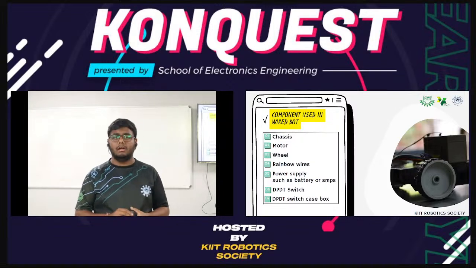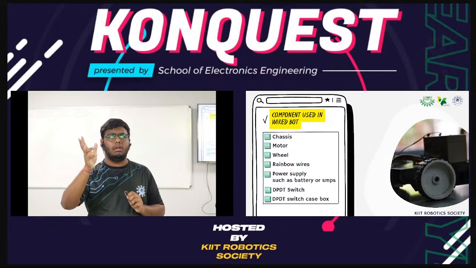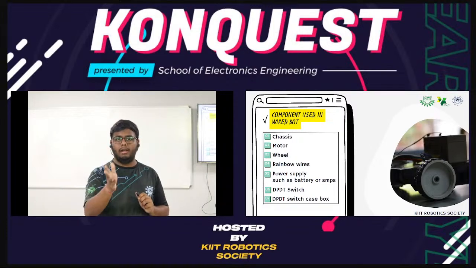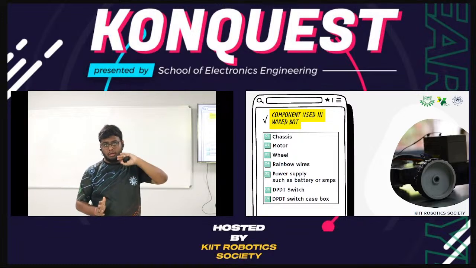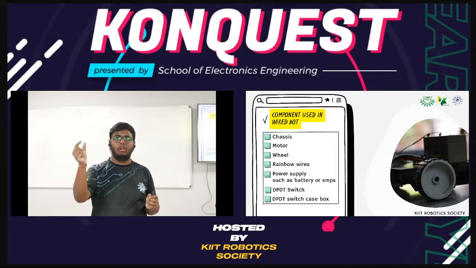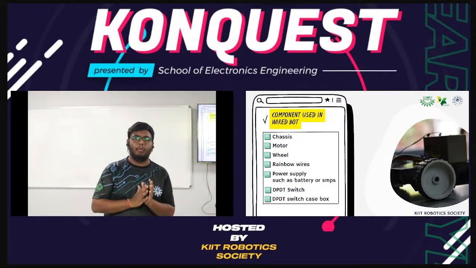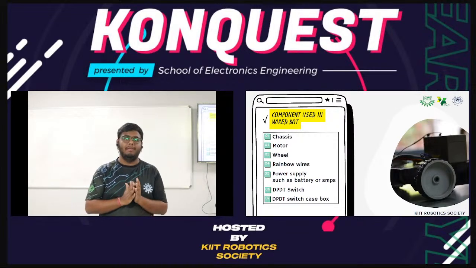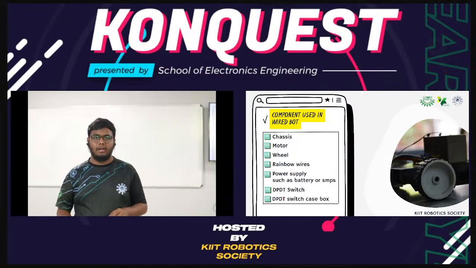About 20 to 25% of the weight depends upon the material through which the chassis is made. Let me show you a bot designed by our team, which also went to IIT Kharagpur in the recent Tech Fest.